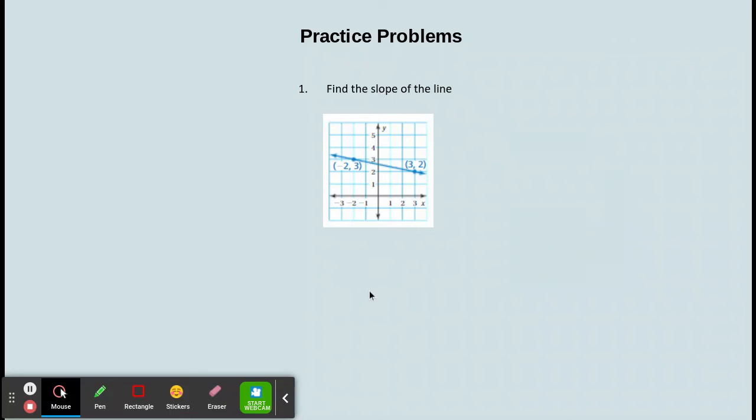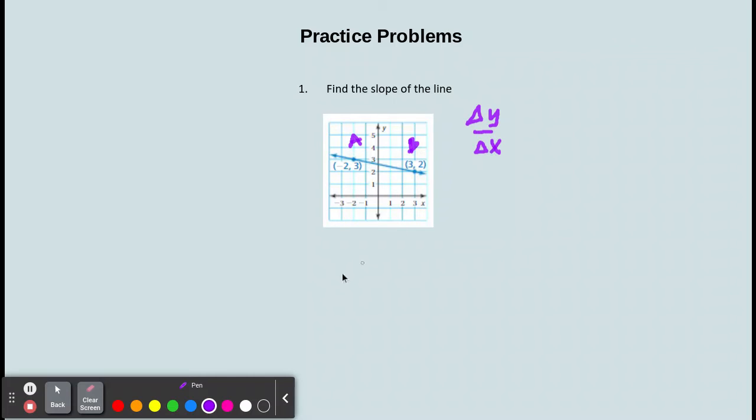Okay, the first practice problem, you are just going to find the slope. Remember, change in y over change in x. So you take your 2 points. Here's your first point. Here's your second point. So you do your b minus your a, right? So for instance, I will do the change in y for you.